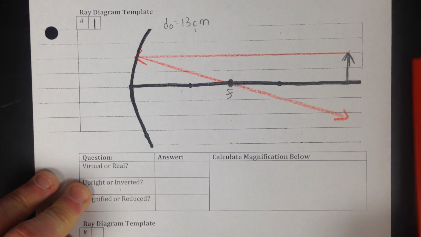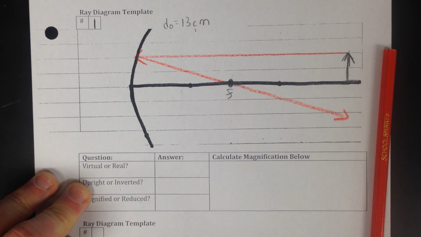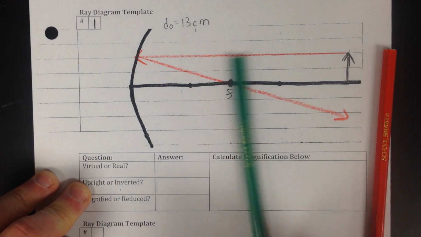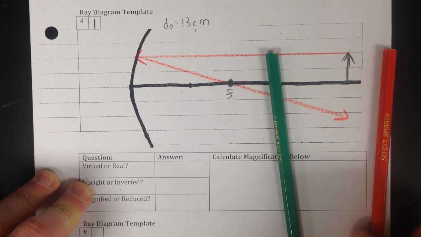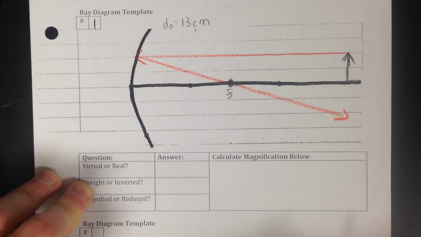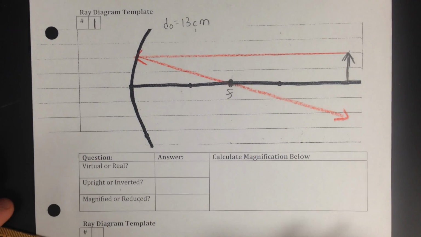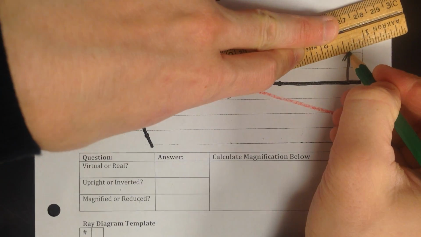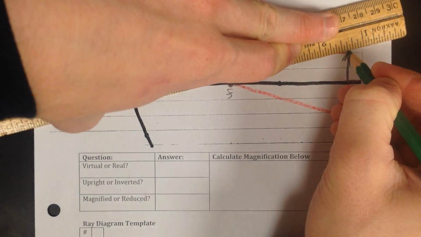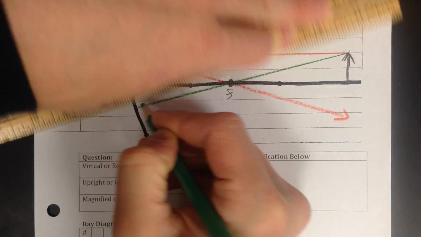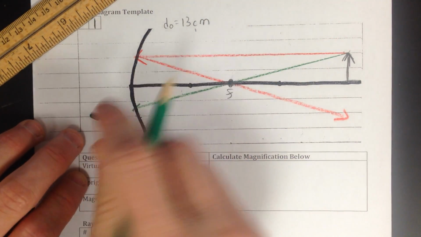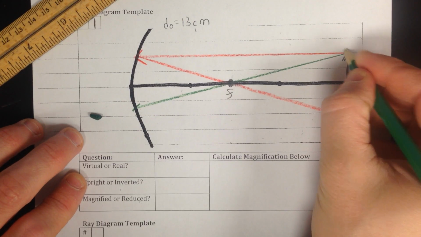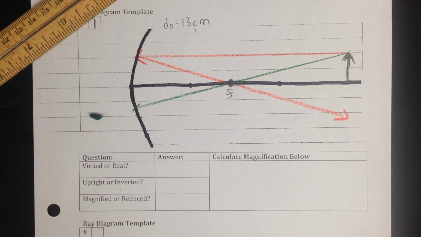Now our second ray will be done with the green marker. Choose the color that you like. And we're going to use our second rule for how rays reflect. We're going to send one through the focal point into the mirror. Again, coming from the top of the object here.